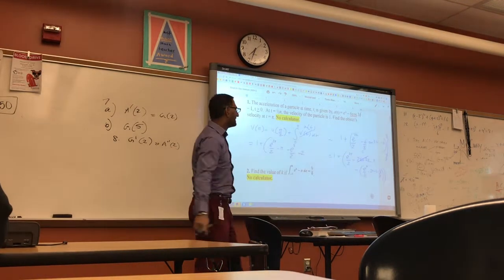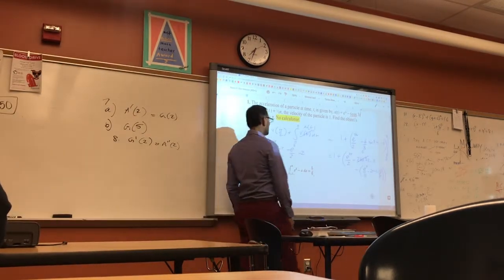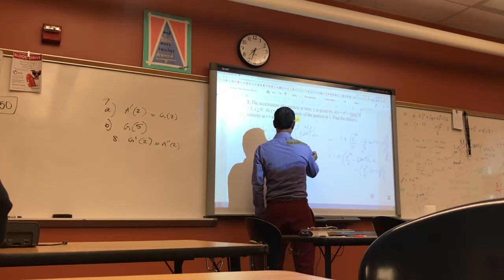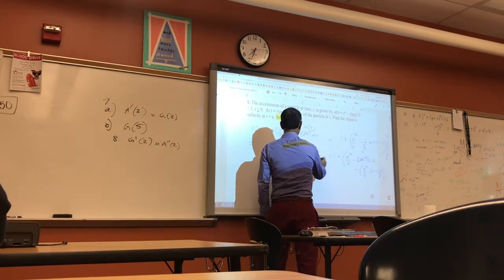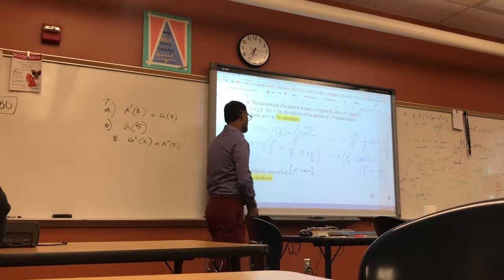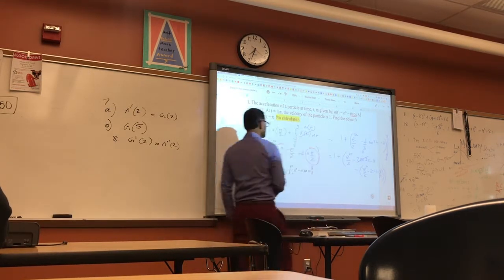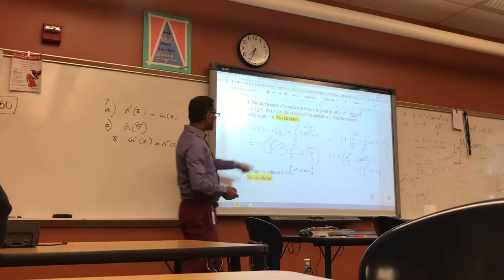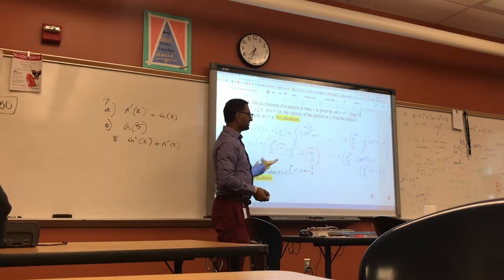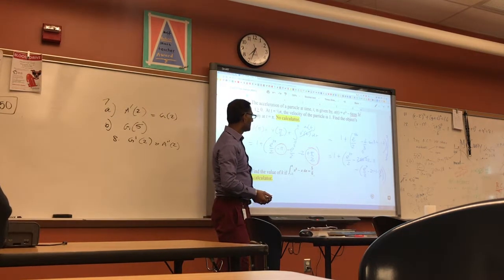Negative 2 times negative 1 is positive 2, and then plus pi over 2 is the only thing that combines like terms. Just keep in mind, that's 2 pi over 2, that's pi over 2. There's no like term.